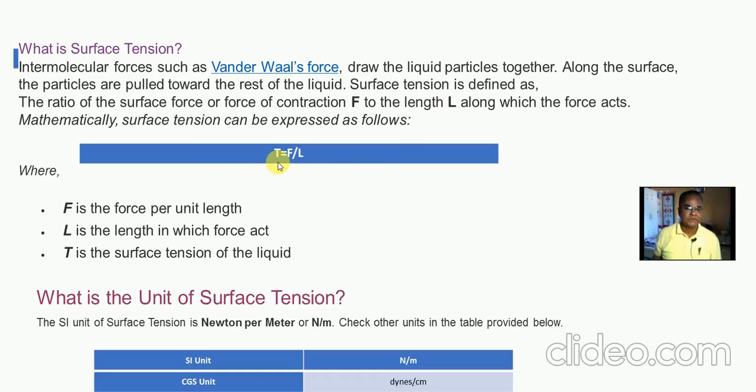Surface tension is indicated as a capital T, and that is given by F upon L, where F is the force and L is the length along which the force acts. T is the surface tension. As I already explained, surface tension has the unit Newton per meter in the MKS system and dynes per centimeter in the CGS system.